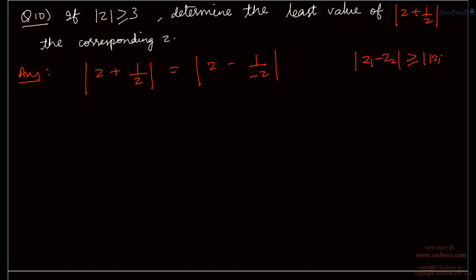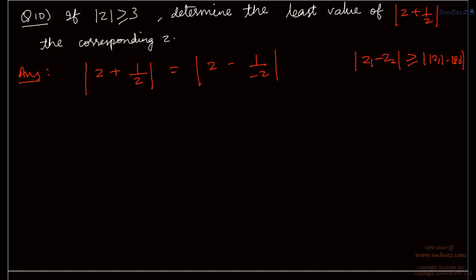mod of z1 minus z2 is greater than or equal to mod z1 minus mod of z2. This actually comes from the triangle inequality, right?